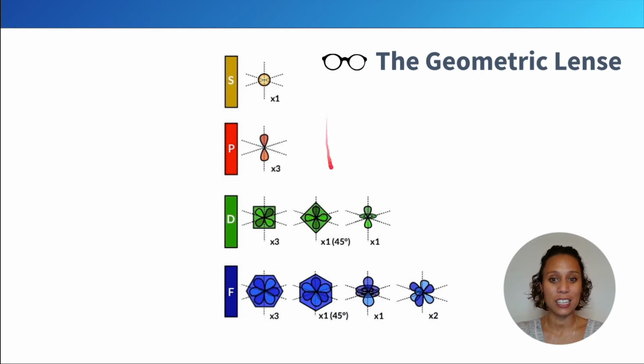And you can already see here they're quite simple, and we have actually simplified them even more. So the s orbital is basically just a circle, or you could say a sphere. For the p orbital, imagine that at the center of this x, y, and z axis there's the nucleus.